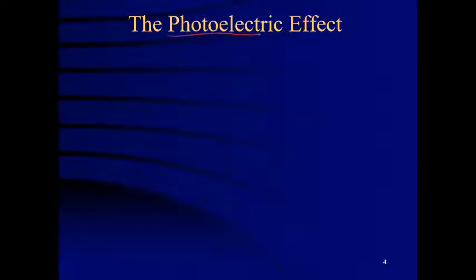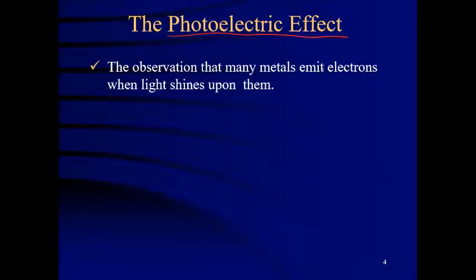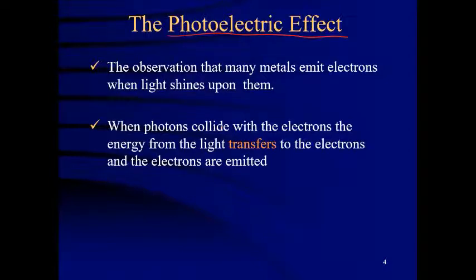Briefly reviewing the photoelectric effect from Einstein. Einstein made the observation that many metals emit electrons when light shines upon them, just regular light. Now, in order to get some of these atoms to do this, you have to give them higher energy photons. So you saw the UV and other ones on there as possible ways of getting them to emit electrons.